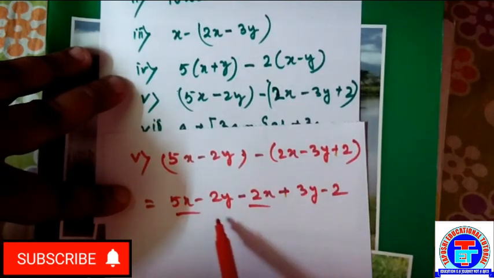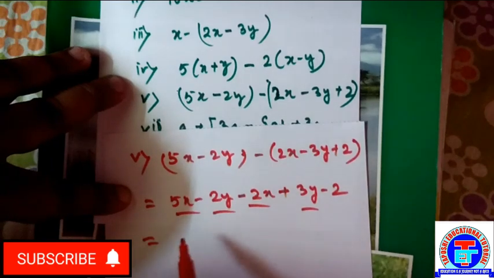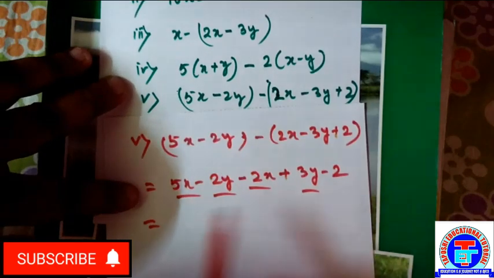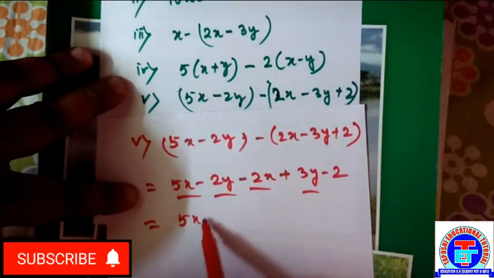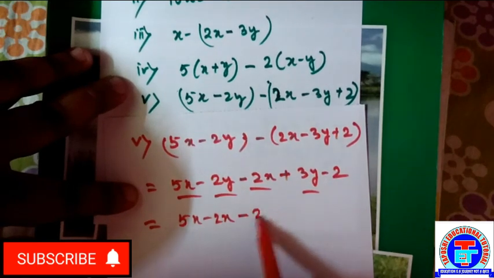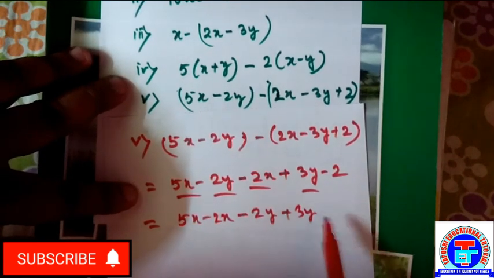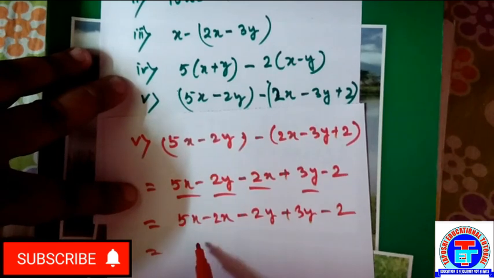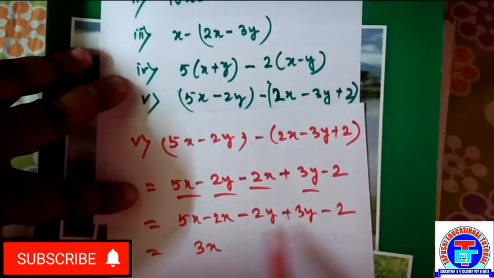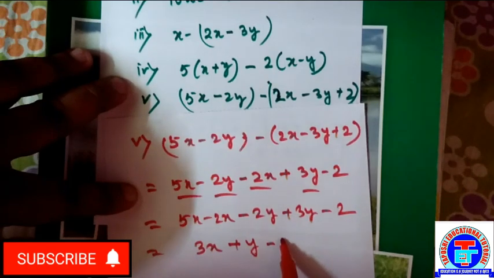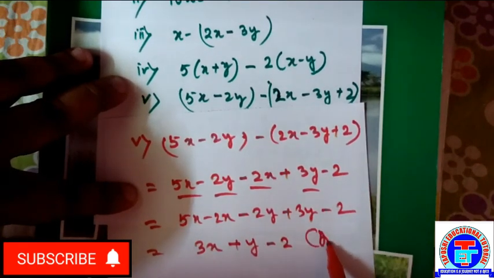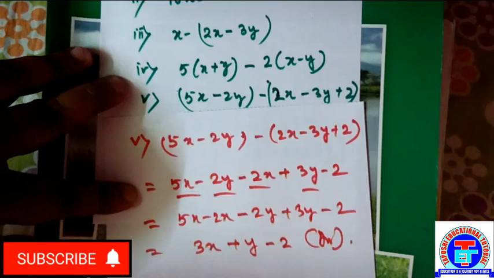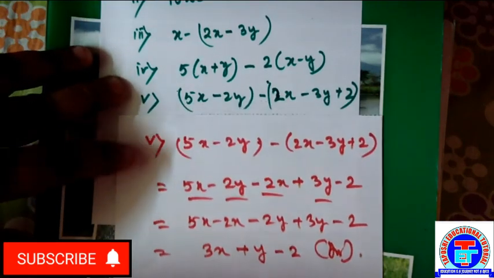Now these are like terms. So we write 5x minus 2x minus 2y plus 3y plus 2. So we write 3x plus y plus 2. This is the answer. Hope you understand very well, right student?